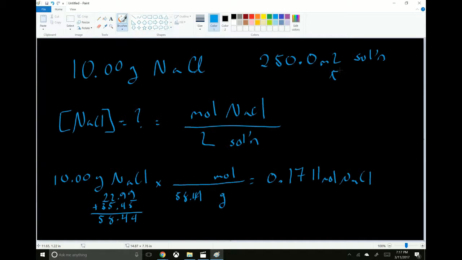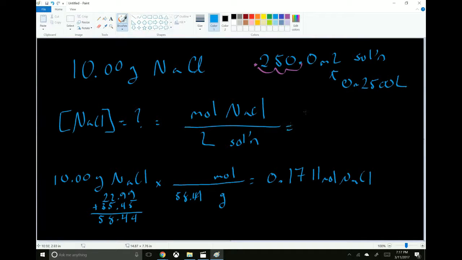Fortunately, that's a very simple conversion. 1, 2, 3 to the left. Remember, big unit, small number, small unit, big number. Liters are bigger than milliliters, so our number should get smaller, and we have 0.2500 liters of solution.